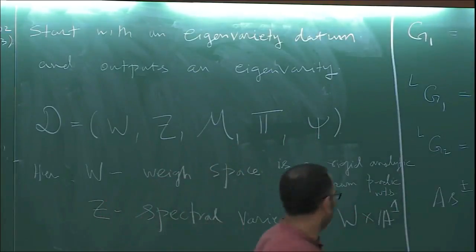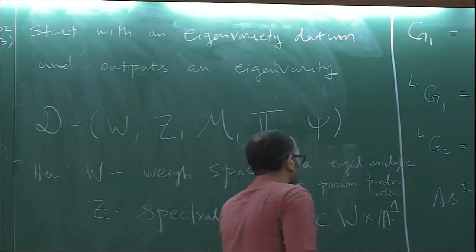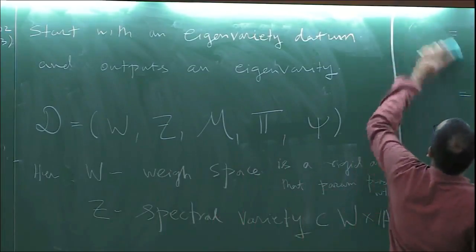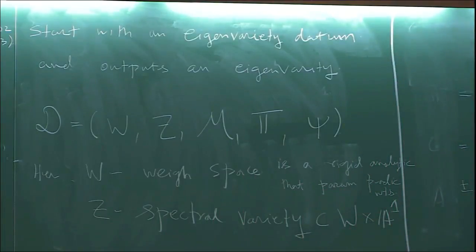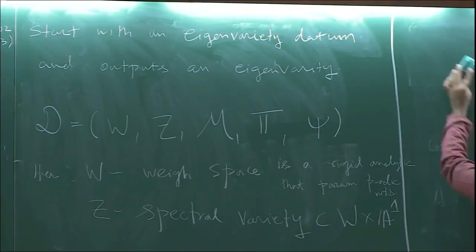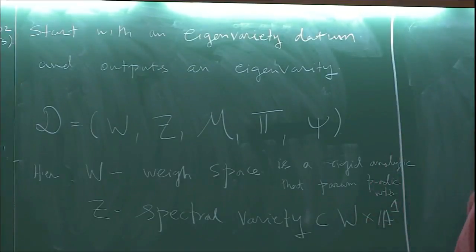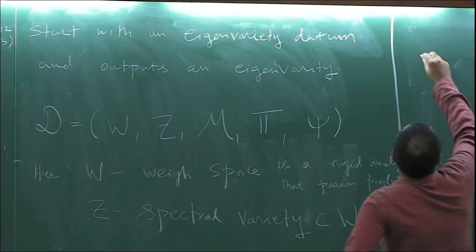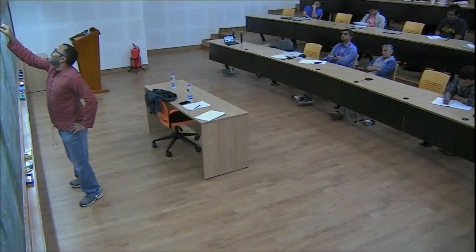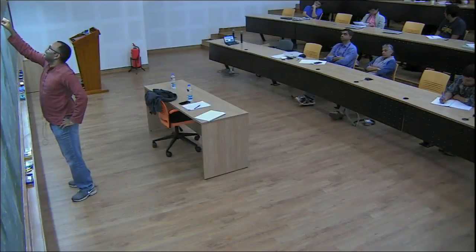And spectral variety is basically constructed by patching together various Fredholm hypersurfaces, and it has the following property.